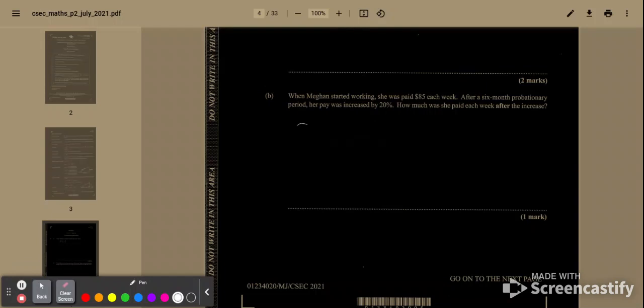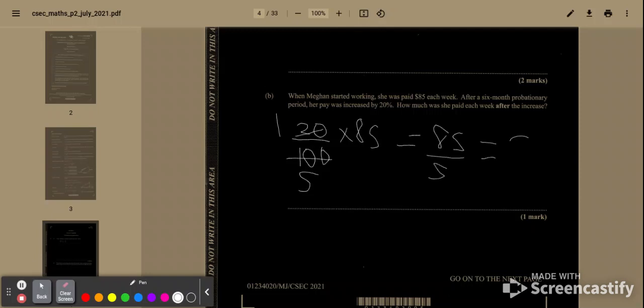It'd be 20 over 100 multiplied by 85. 20 goes into 100 5 times, so we are left with 85 over 5, which is 17. Therefore, her pay has been increased by $17.